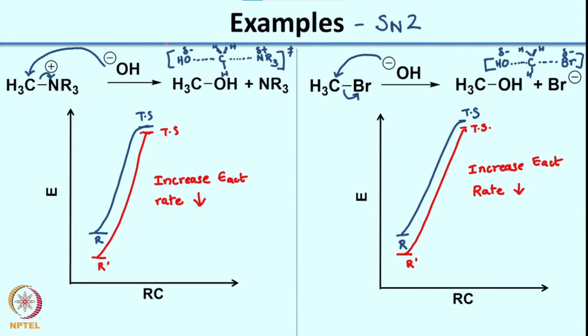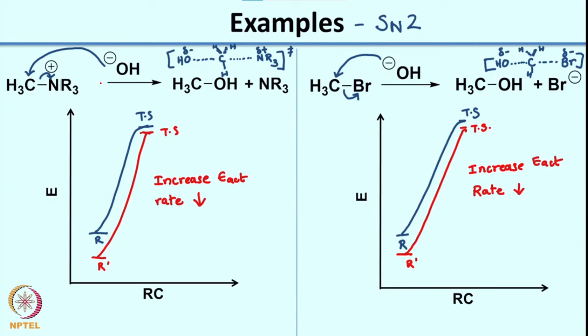Because this is an SN2 type reaction, we are getting this intermediate where we are showing bond breaking and making simultaneously. So here the charge is distributed, right? But here you can see we have a charged species as a reactant and a charged species which is attacking on the methyl group.